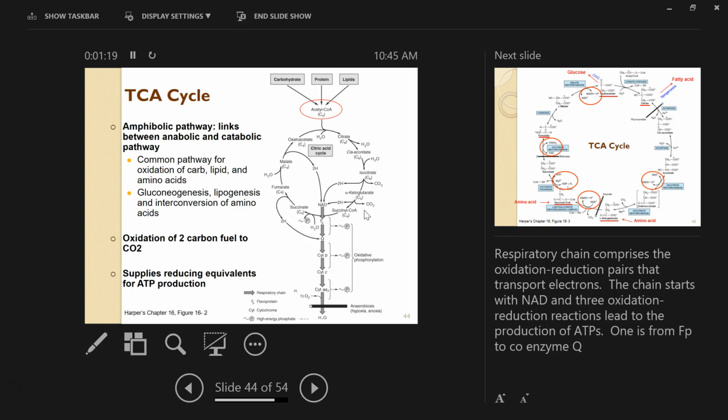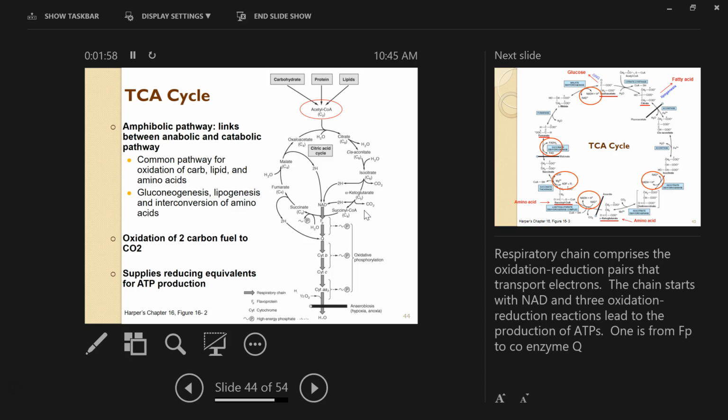So then pyruvate will be further oxidized in the mitochondria, and the TCA cycle is very, very important for the complete oxidation of nutrients, right? So I think this slide is very nice to give you the overview of the whole process of nutrient, including glucose and fatty acids and amino acids, complete oxidation, right?